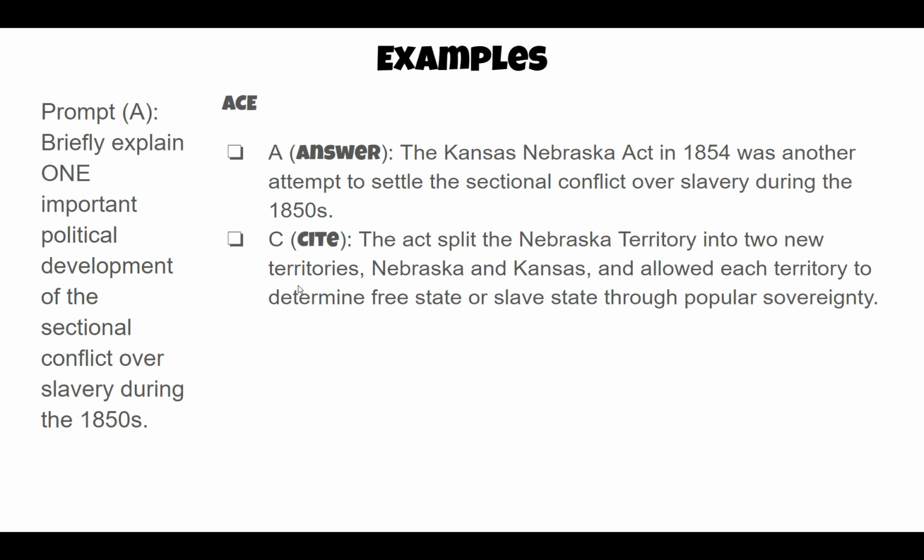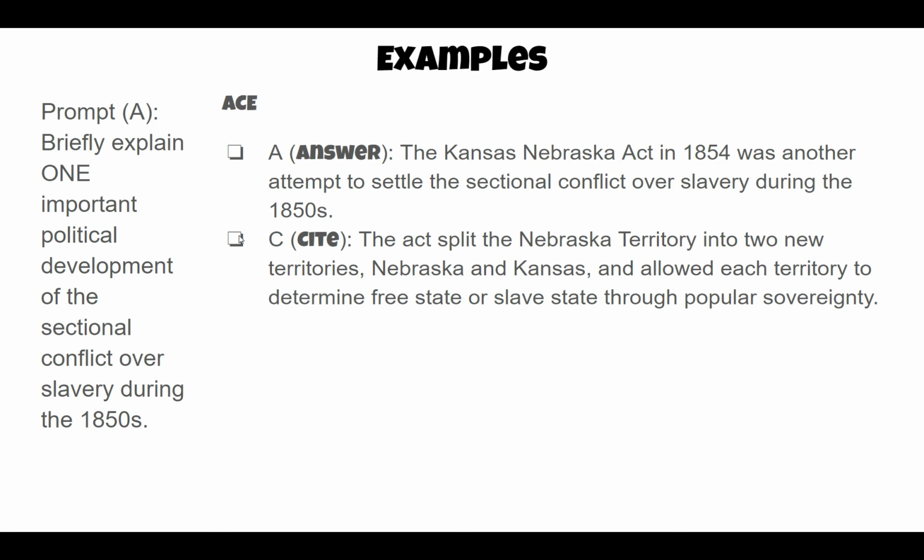Okay, I'm citing specific evidence to address this prompt, giving that historical context to what I had said in the A component, the answer.